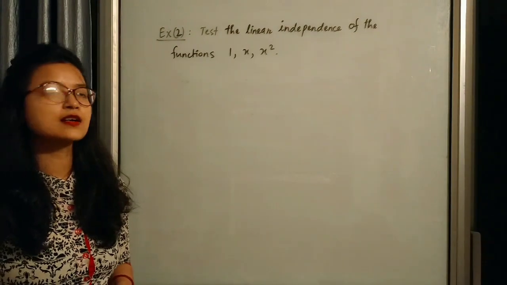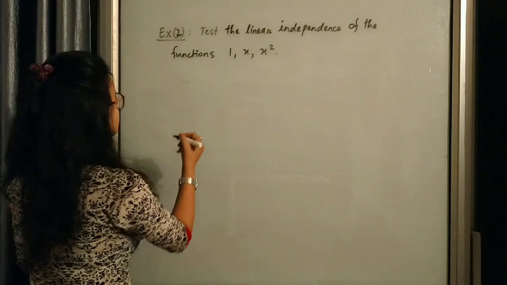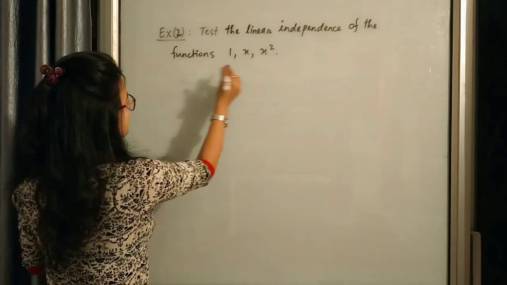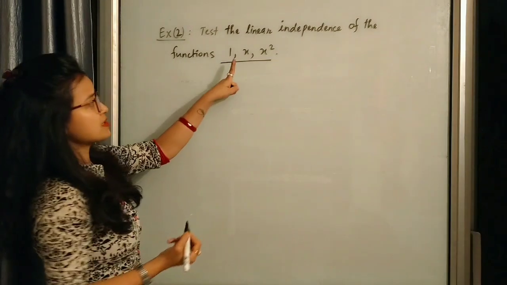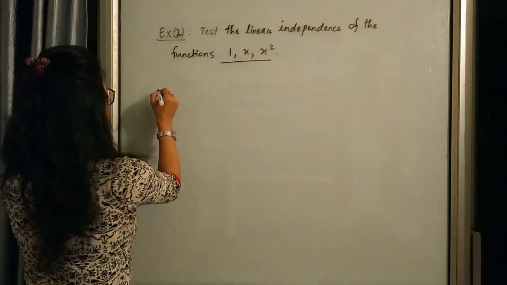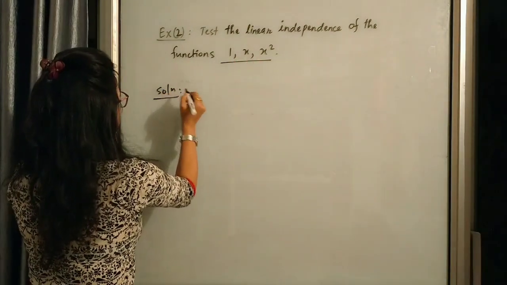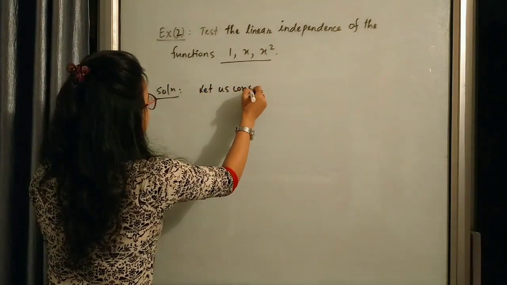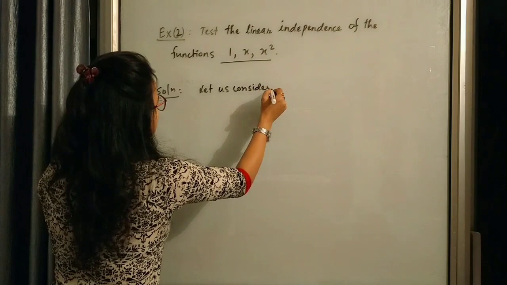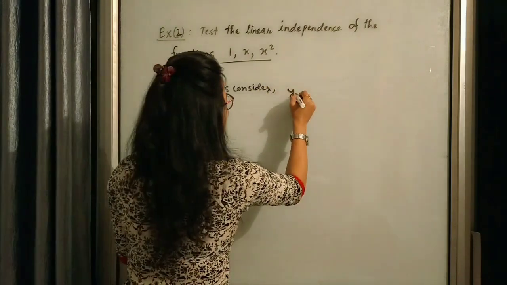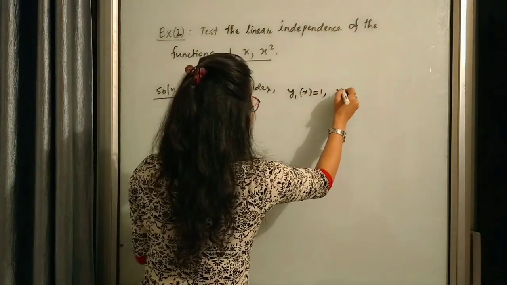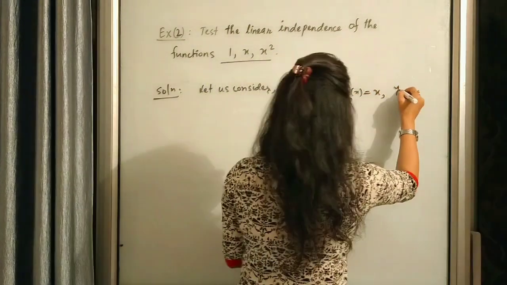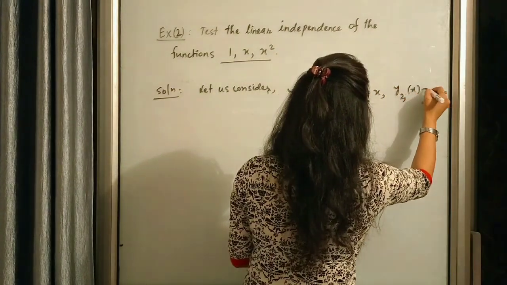Now let us look at another example. Test the linear independence of the functions, this time three functions: 1, x, x square. Solution: let us consider y1(x) is 1, y2(x) is x, y3(x) is x square.